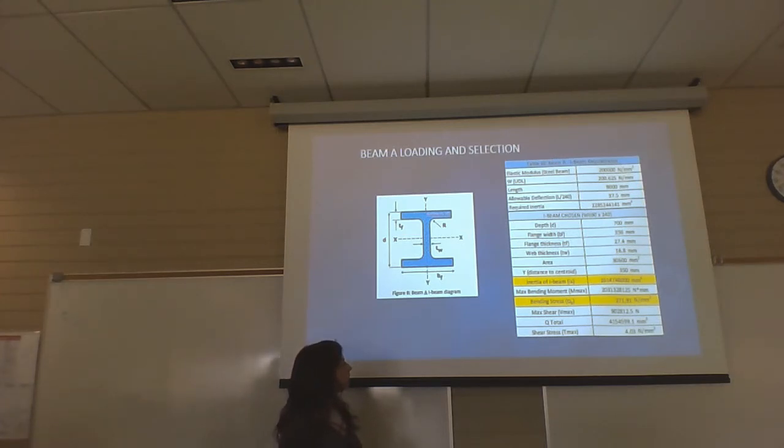We solved for the required inertia and chose an I-beam that had an inertia slightly bigger. With that, we were able to analyze it, and it passed the bending stress. It had a bending stress lower than the yield point, and a shear stress of 4.03 MPa.